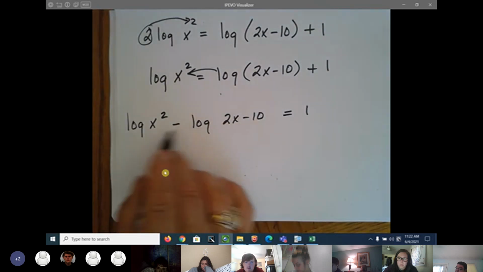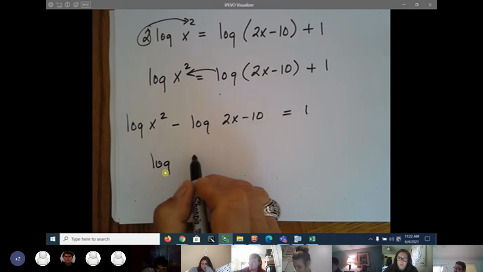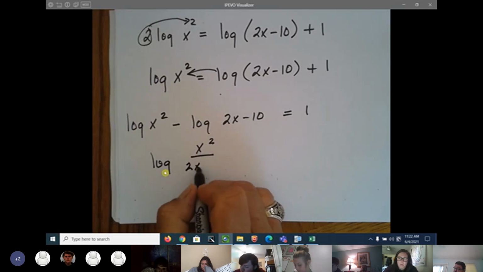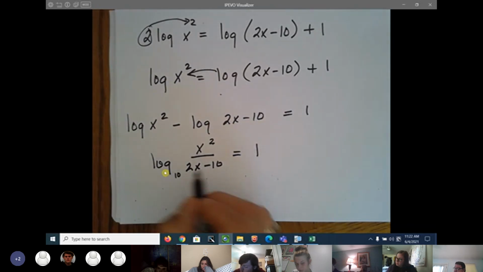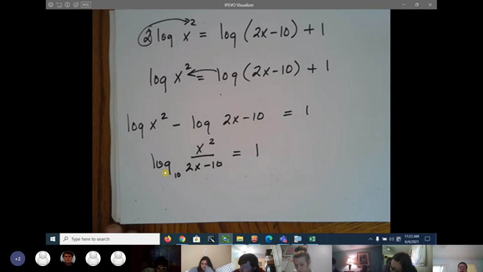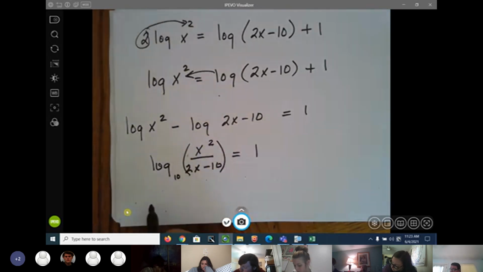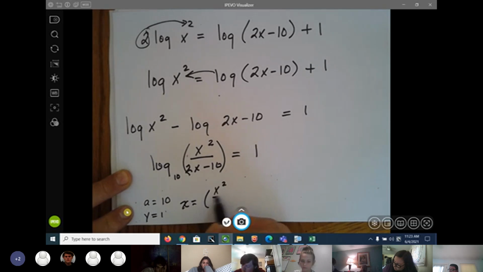And then this is division, since the bases are the same. Log of x squared divided by 2x minus 10 is equal to 1. And now you've got the definition of a logarithm. A is equal to 10, y is equal to 1, and x is equal to x squared over 2x minus 10.